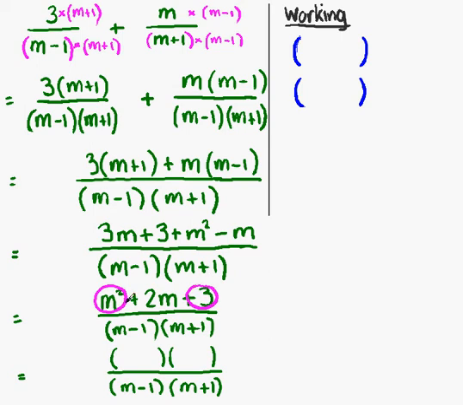So the only way to get the m squared is having an m at the front of both brackets. Now we're hoping to get two things that multiply to give you 3, but also these two things, when we put them into our arrangement up here, have to add to give us 2m. So two numbers that multiply to give you 3, well, 1 and 3.